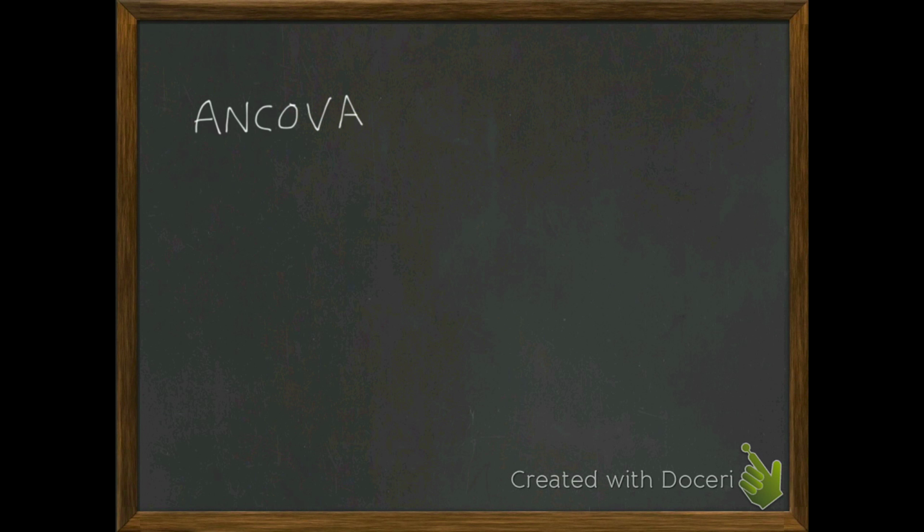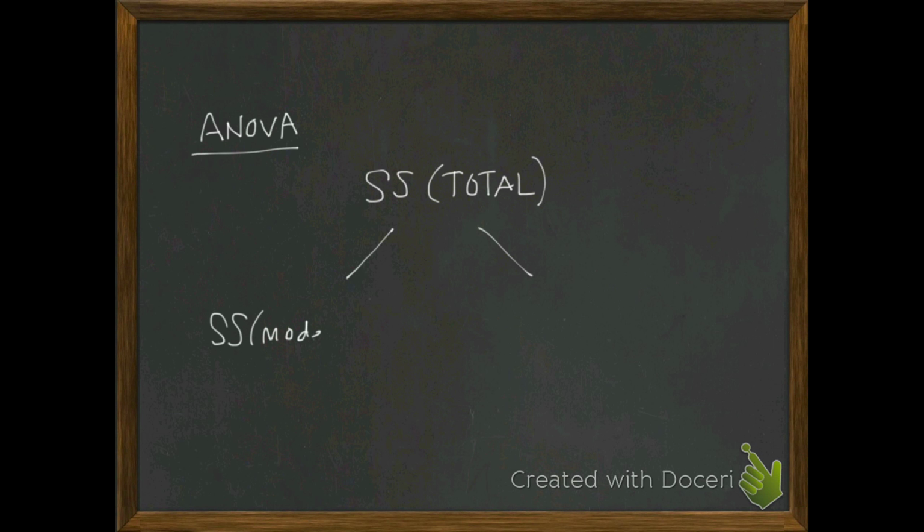Now, a good way of looking at this is in a simple ANOVA. We have the sum of squares for our total model that can be expressed as the sum of two components: the sum of squares for our model plus the sum of squares for the error. In other words, the explained variation and the unexplained variation.